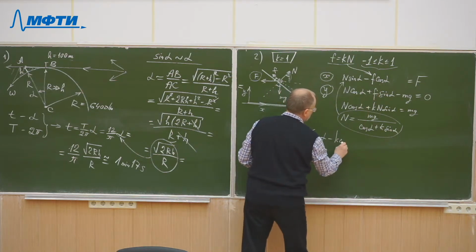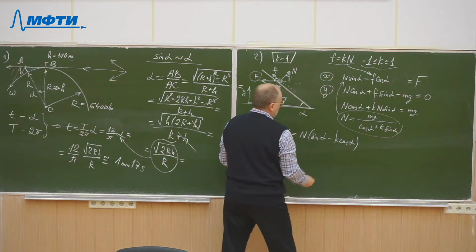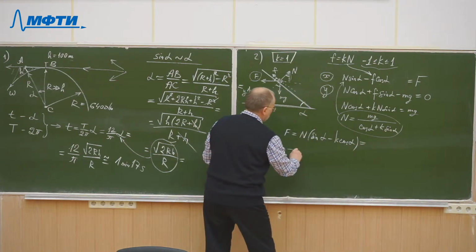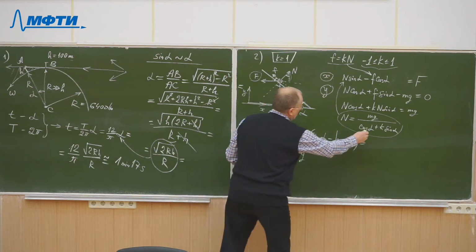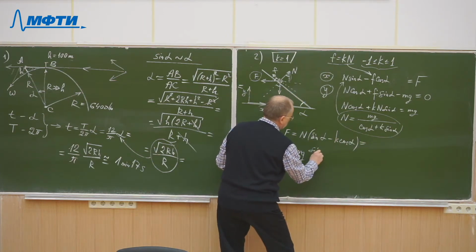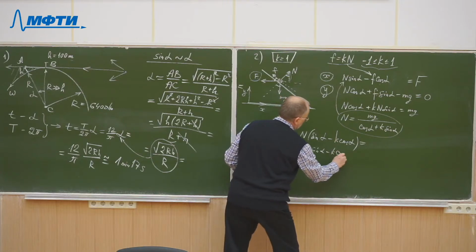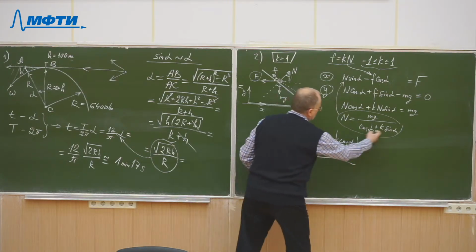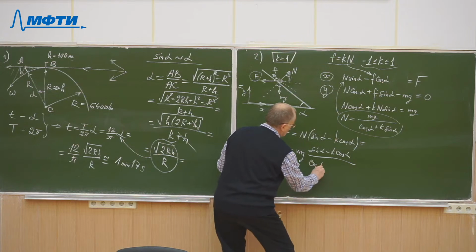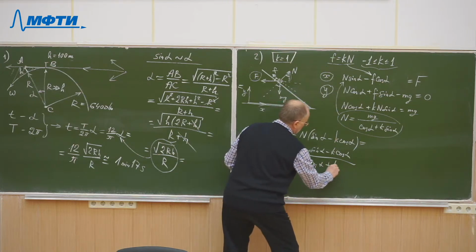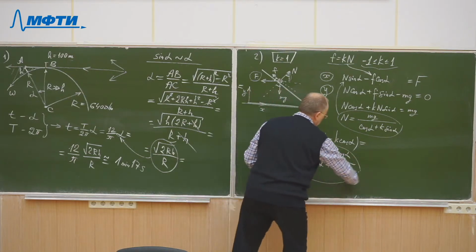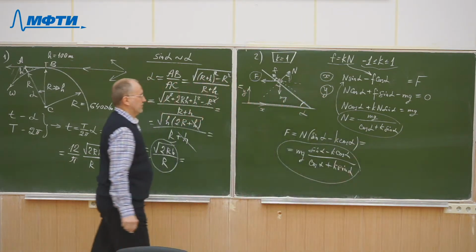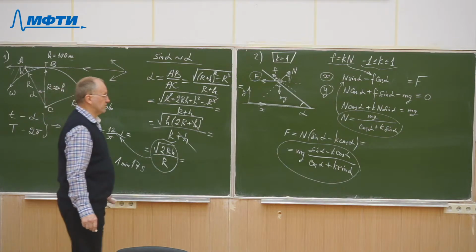Coefficient of friction cosine alpha. And continuing this formula, by substituting N, we obtain mg times sine alpha minus k cosine alpha over cosine alpha plus k sine alpha. That is the expression for F. That is the correct expression for F.